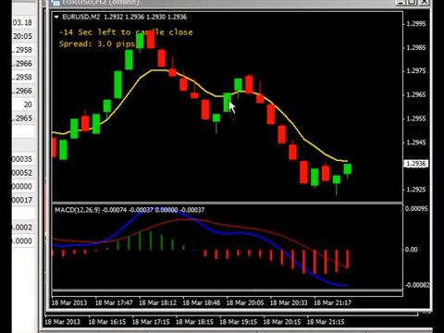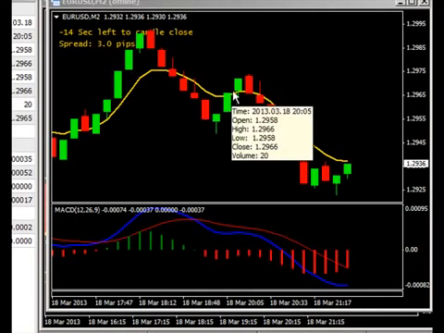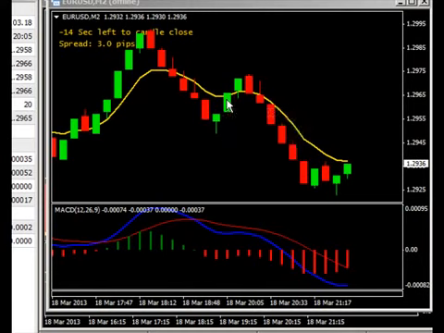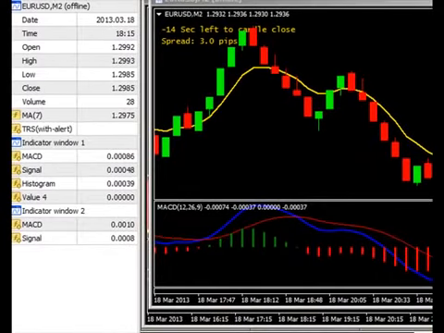Now we're looking for this pullback and a close above. Well, it closed above here, right? Does it? Let's see. The MA is 65 and the close is 66. So yes, we get a close above here. It goes up still. The blue still hasn't crossed. So we're still able to look for a short.